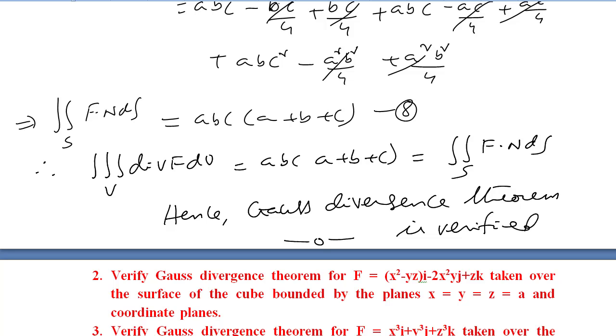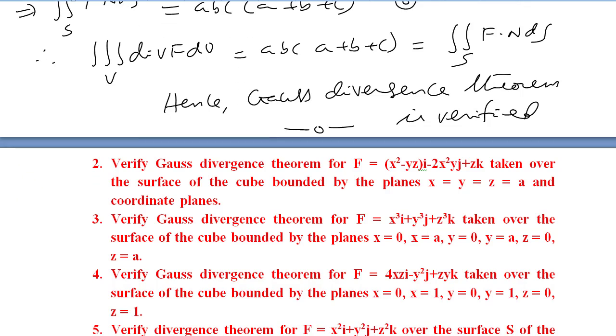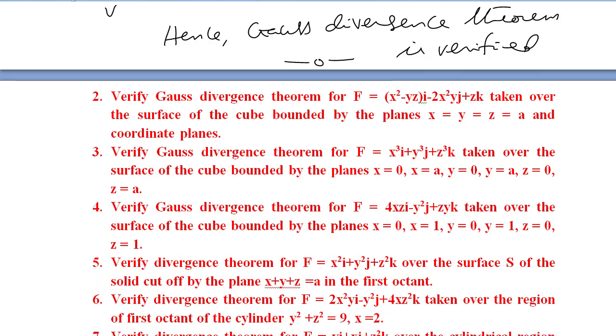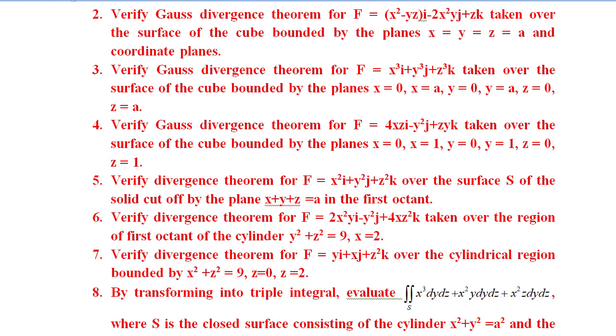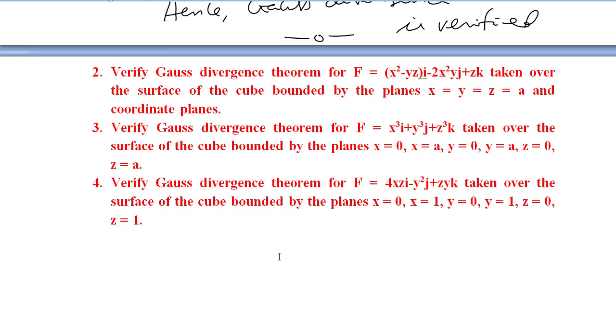Now I will discuss a few more questions. Those questions are homework for you. I will give 3 homework questions, but I will give hints. Observe, here f looks similar to our previous problem.